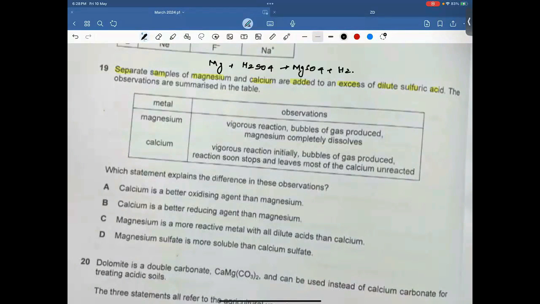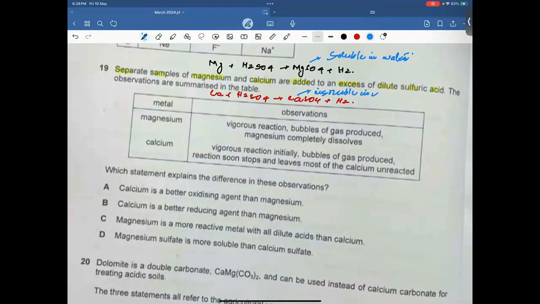And when we add calcium to sulfuric acid, a reaction takes place, and as a result, calcium sulfate and hydrogen gas are produced. I've told you in class that magnesium sulfate is soluble in water, whereas calcium sulfate is insoluble or partially soluble in water. Basically insoluble.